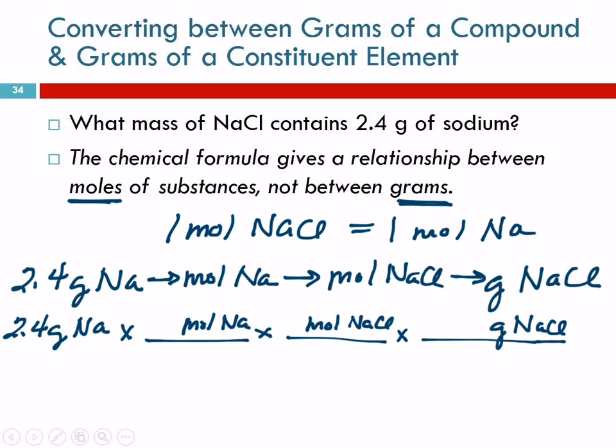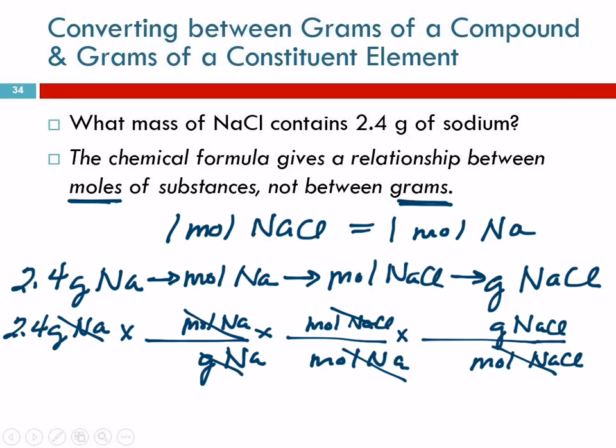Then I'm going to put the units in the denominators so that the ones I want to go away will cancel out. So moles sodium chloride, those will cancel out. Moles of sodium will cancel out. And grams of sodium will cancel out.